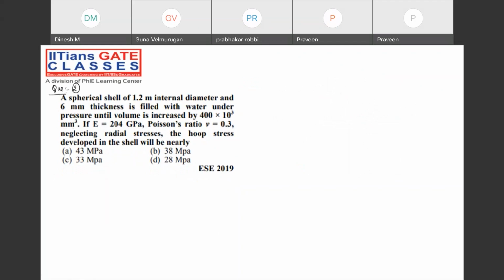Question number 2 for this thin cylindrical pressure vessel. Take your time for 1 minute and let me know the answer.